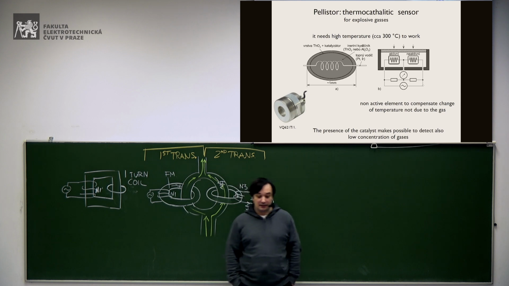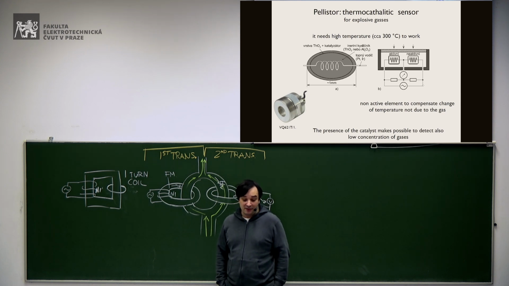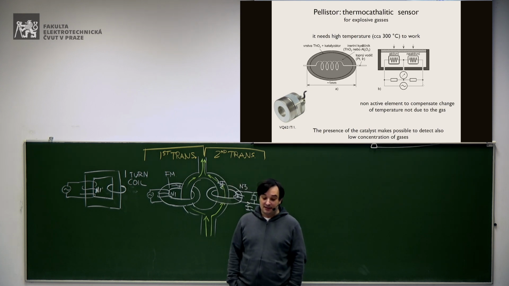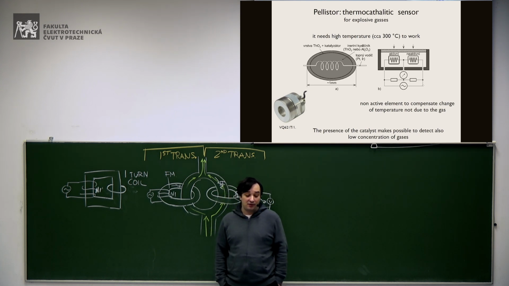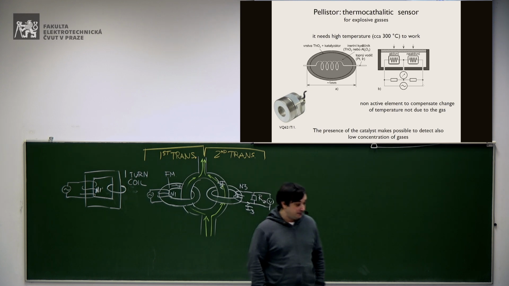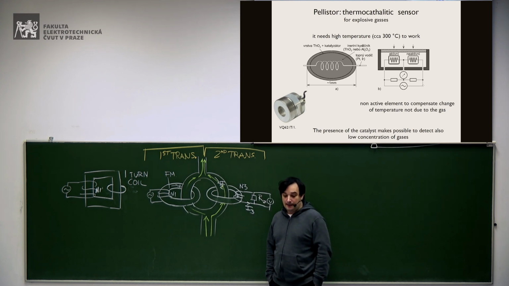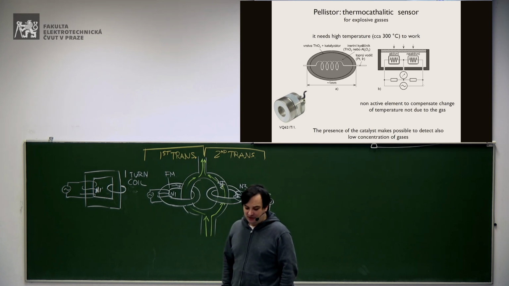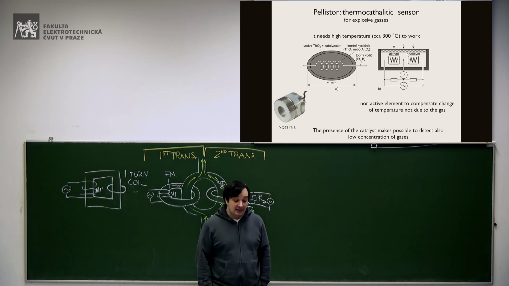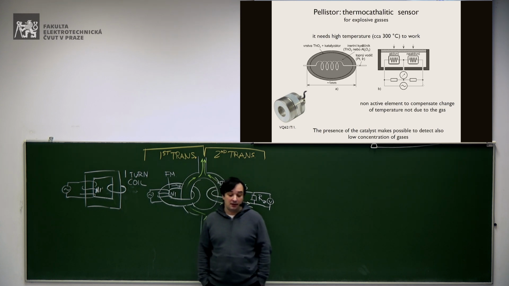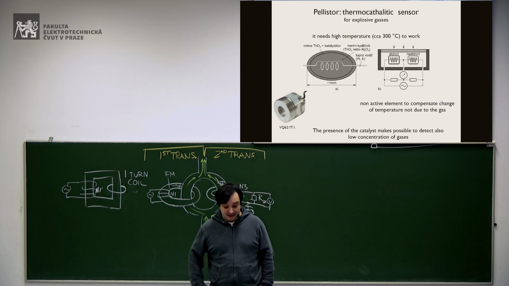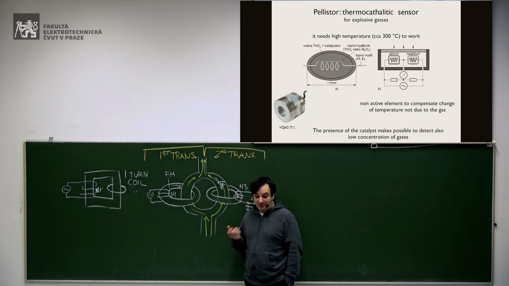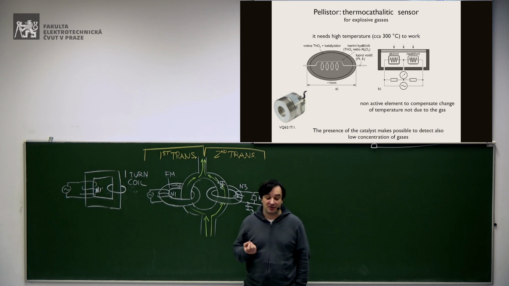Another sensor for explosive gases is the Pellistor, which is a thermocatalytic sensor, based on a simple platinum wire which is warmed up to around 300 degrees or even larger temperature. Inside you have some catalyst, which I somehow simplify, just to let you understand the principle.